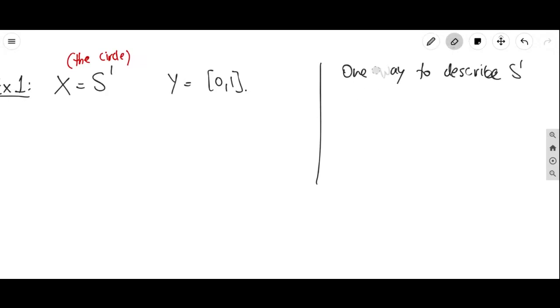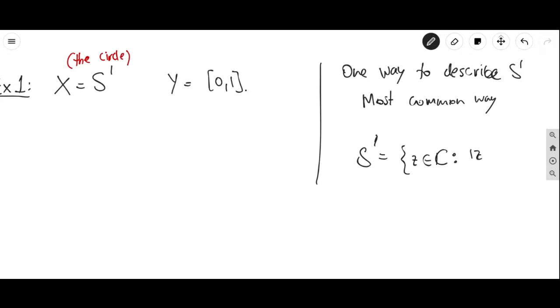I say one way because you do not really want to force yourself into thinking of only one way. This is topology. Things can be homeomorphic and be different. So there are different ways to think about it. But the most common way is you would say S1 is the set of complex numbers whose absolute value is equal to 1. That's the most common way.